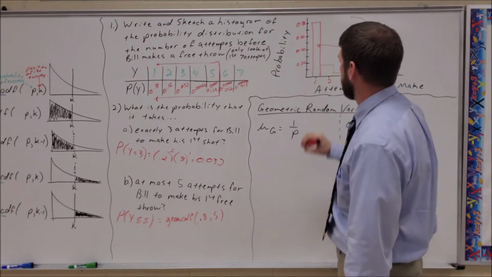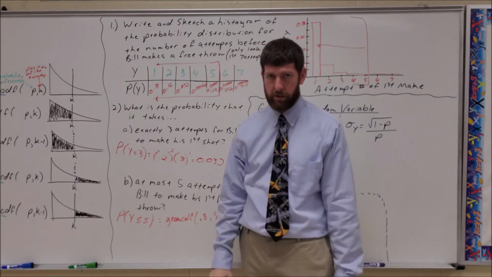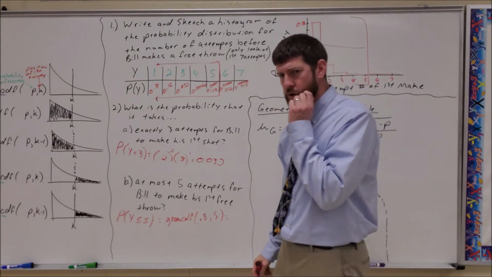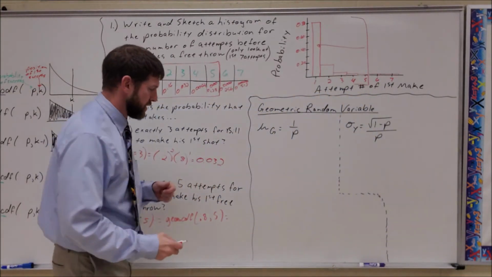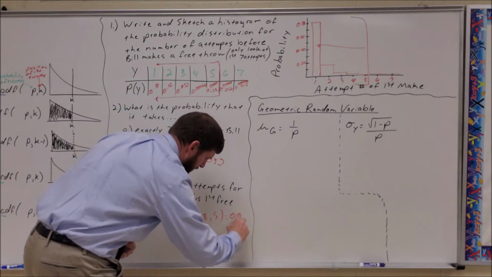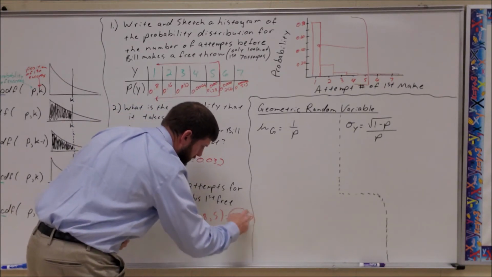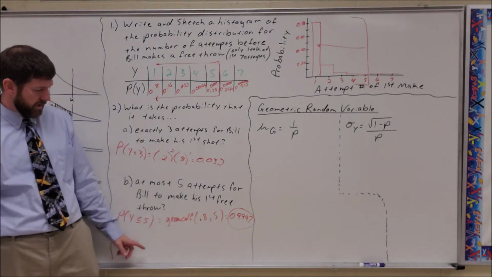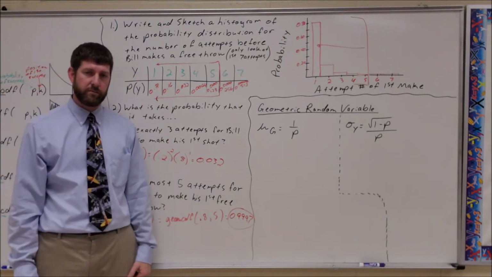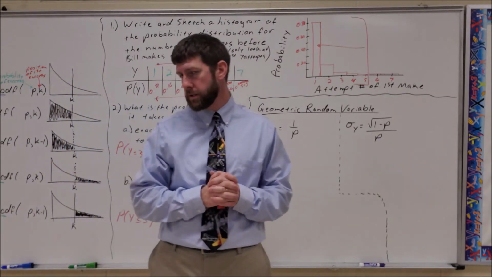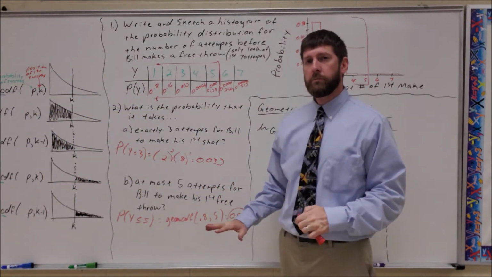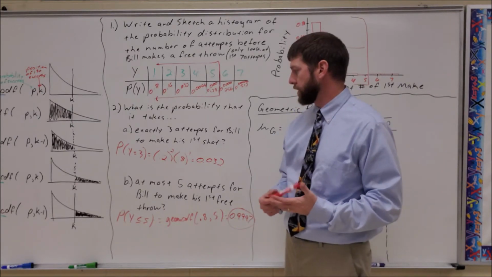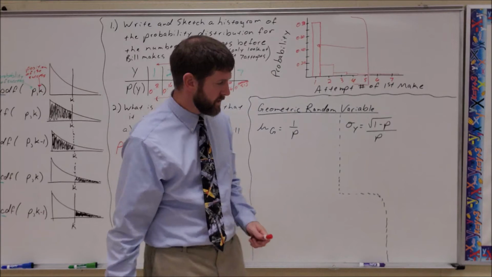But when you threw that in the calculator, you should have got like 99.97%, or 0.9997. So there's almost a 100% chance that it's going to take him at most 5 attempts to make one if he truly is an 80% free throw shooter. It's possible that it takes more, right? There's always that chance when we're doing a random or chance process.